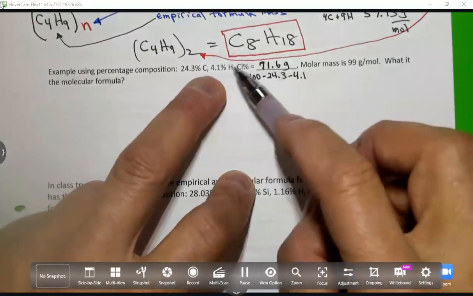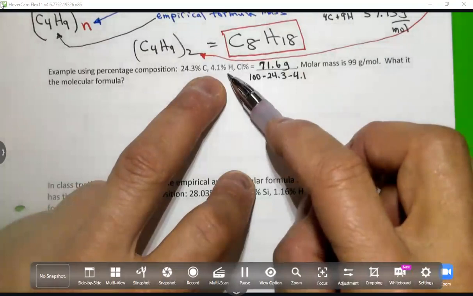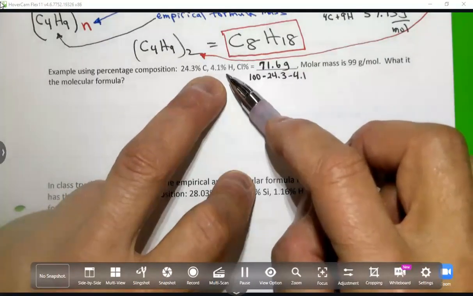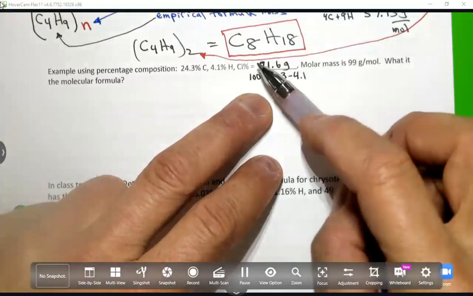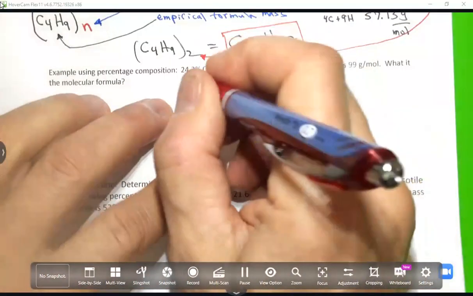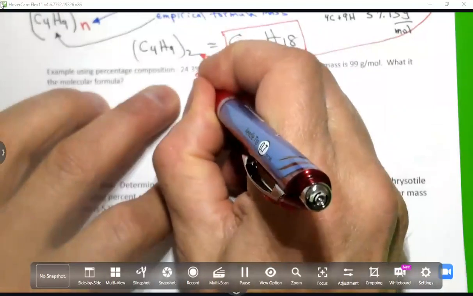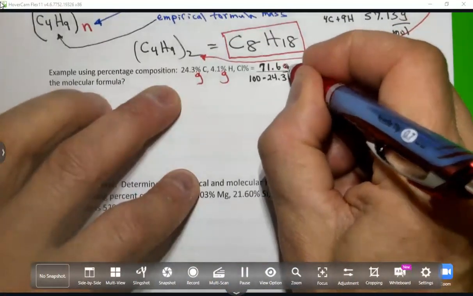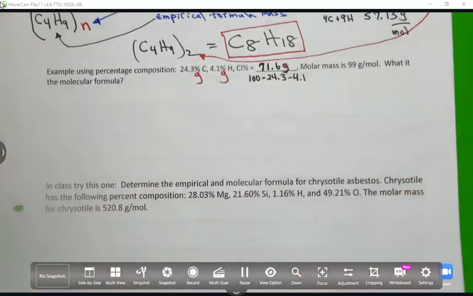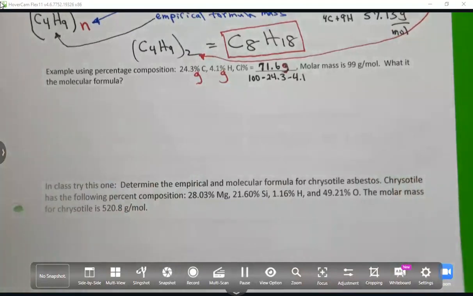In a 100 gram sample that's 4.1% hydrogen, 4.1 grams of hydrogen are in that sample, and 71.6 grams of chlorine. So we can just change these to grams. So that was step 1.